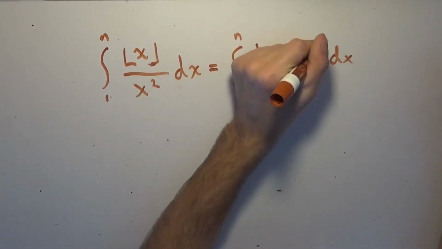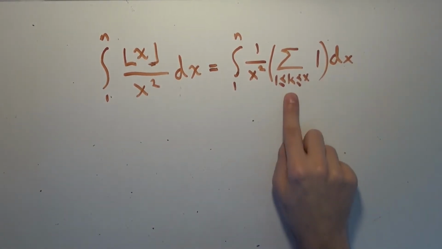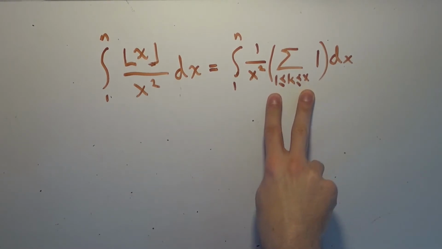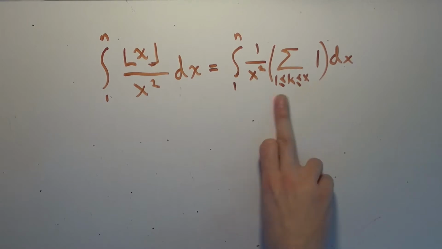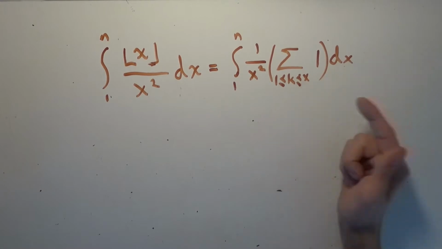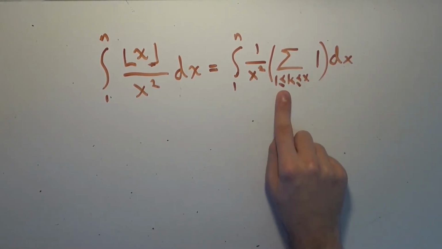So essentially what I'm saying with this is we're going to add as many 1s as there are k's between 1 and x. So think about that. If x is pi, then the number of integers from 1 to x are 1, 2, and 3. So if x is pi, then the floor of x is 3, right? And so we're going to add 1, 2, 3, right?